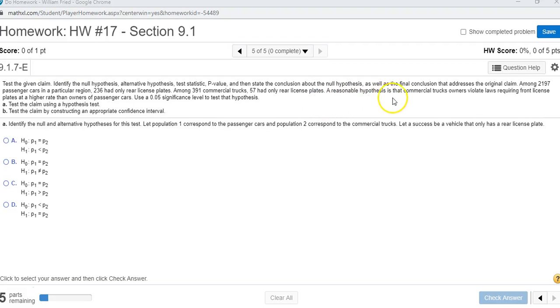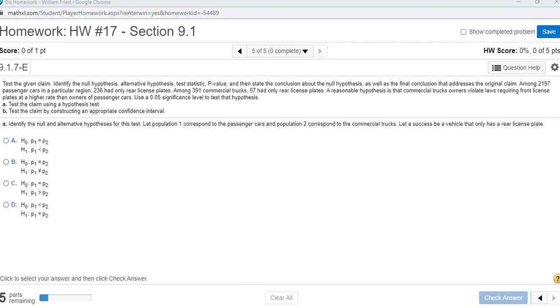So the hypothesis is that truck owners violate the laws requiring front license plates at a higher rate than owners of passenger cars. Test it with a 0.05 significance level. Population 1 are the passenger cars and population 2 are the commercial trucks. So if the commercial trucks are violating the laws more often, then population 1 will be less than population 2 is the claim here.